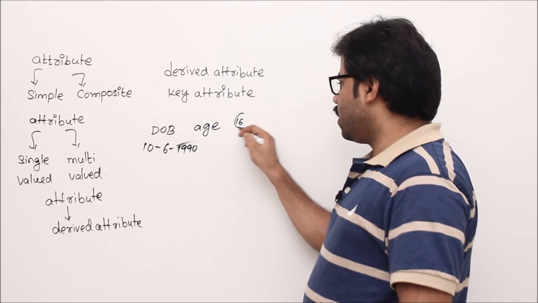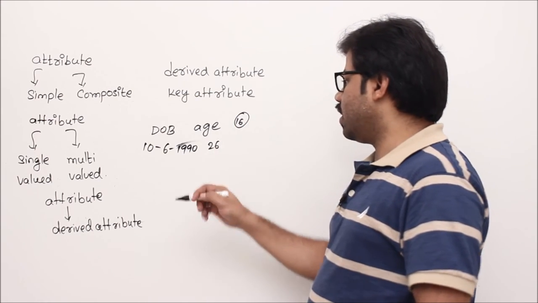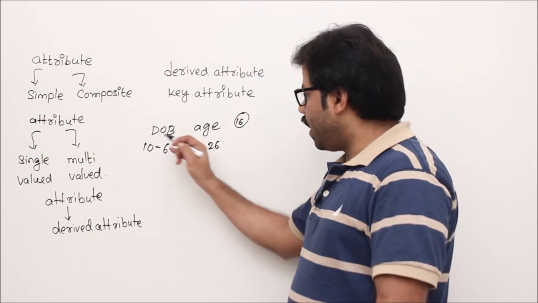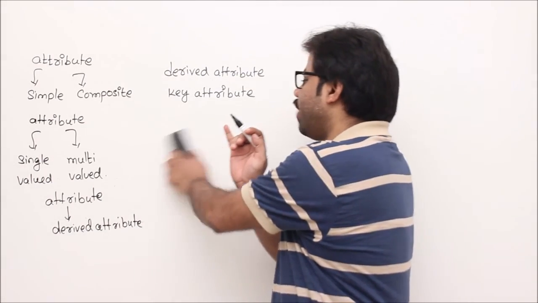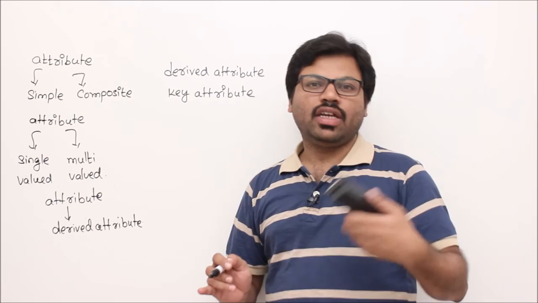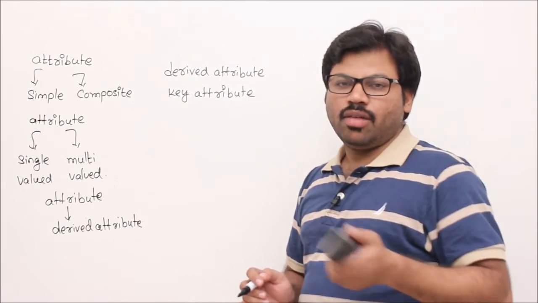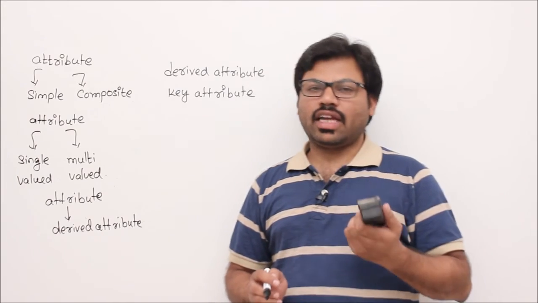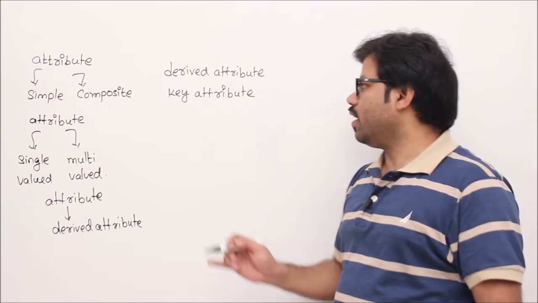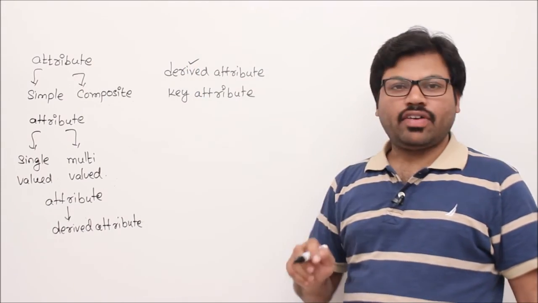Currently it is 2016, so the age will be 26. In that way we can easily calculate. So if you can calculate age based on date of birth, then we say that age is a derived attribute, which can be derived from date of birth, correct? But if you know the age, can you derive the date of birth? No, right? But the year can be derived. That's why such an attribute is called a derived attribute.